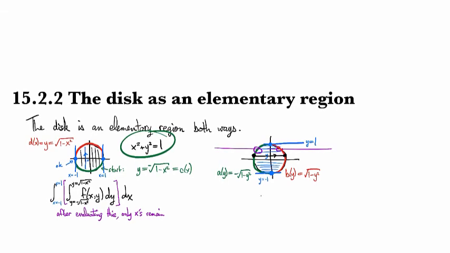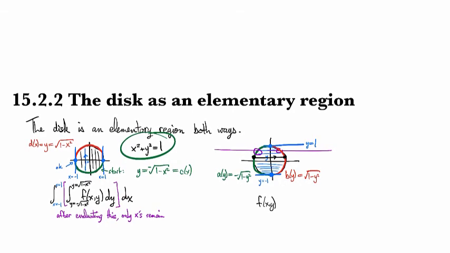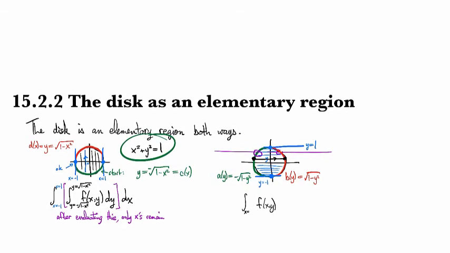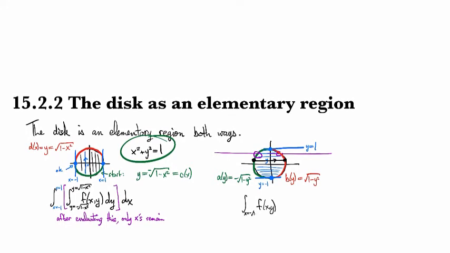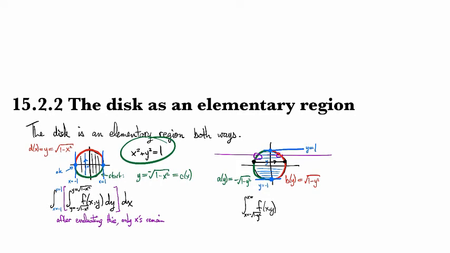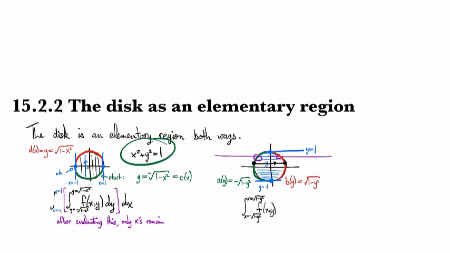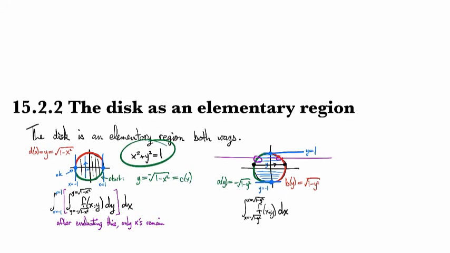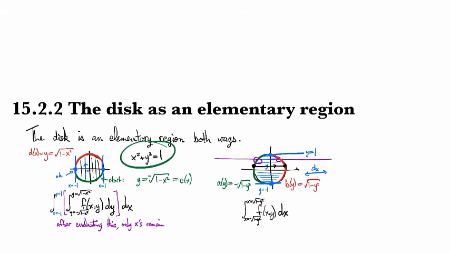So whatever that integrand was, we started by integrating it from the left bounding curve at x equals negative root 1 minus y squared, and we integrated it up to where x is equal to positive square root 1 minus y squared. And we were integrating dx because these slices are parallel to the x-axis right here.